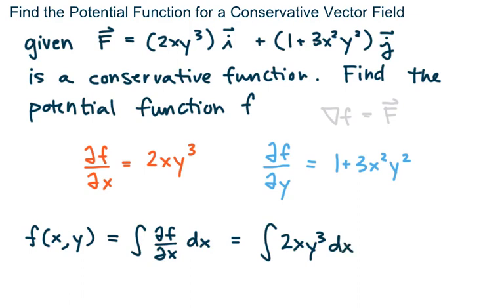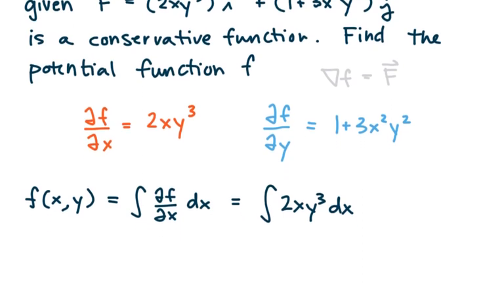So when I integrate this, I've got to keep in mind, since this is a partial of the function with respect to x, that there could have been some constant. And that constant, remember, if we were integrating with respect to x, we would treat y as a constant. So that constant could have been a variable y. So when we integrate and we get that constant, we're going to actually have to solve and determine what that constant could be as a function of y.